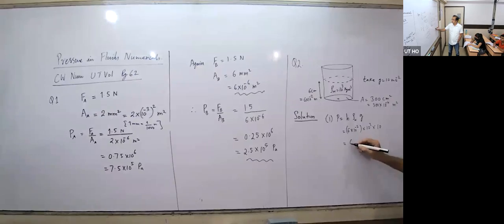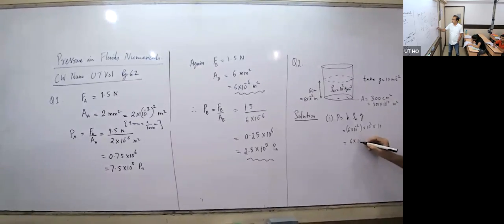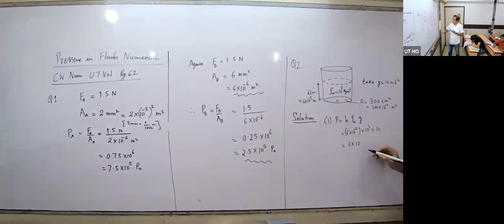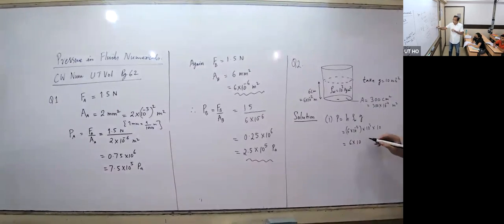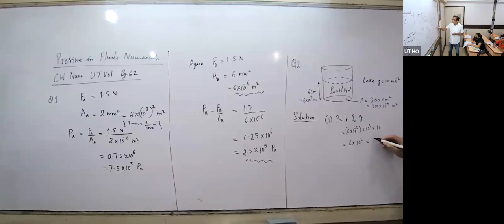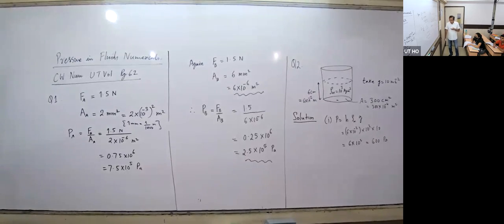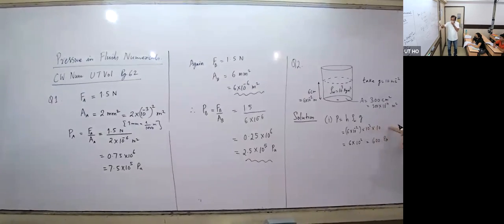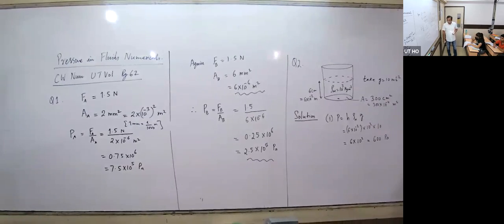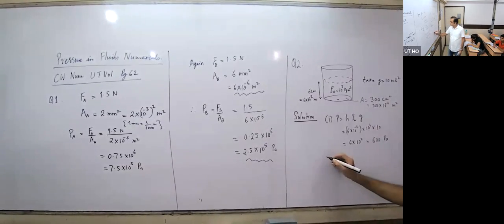This is 6 into 10 raised to 2, which is 600 Pascal. 3 minus 2 is 1. 1 and 1, 2.